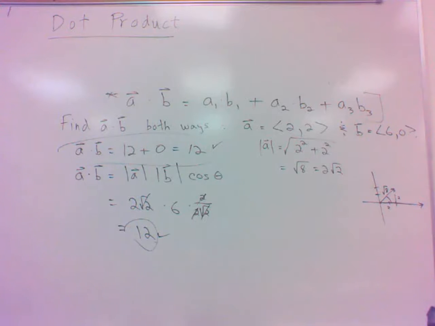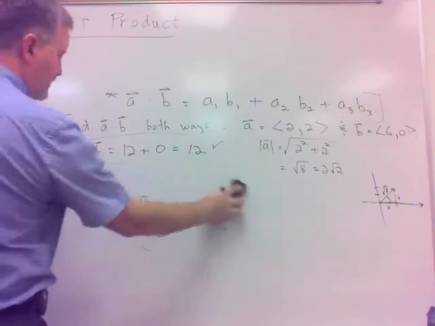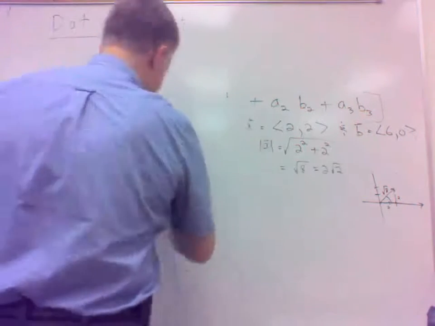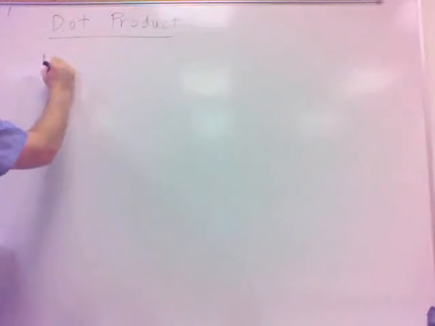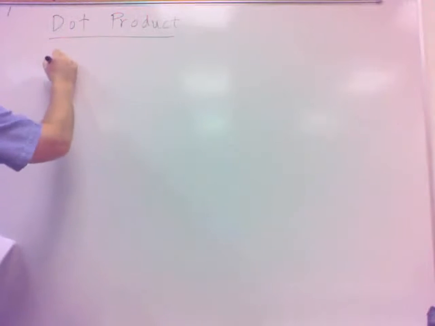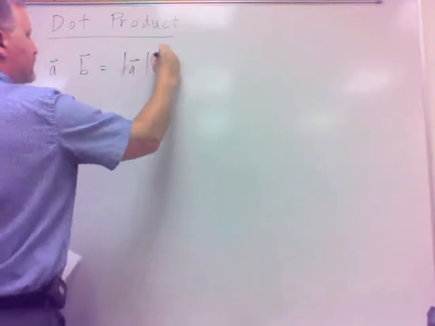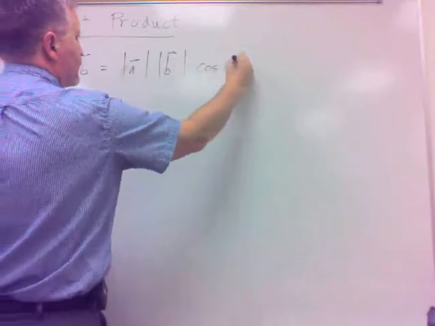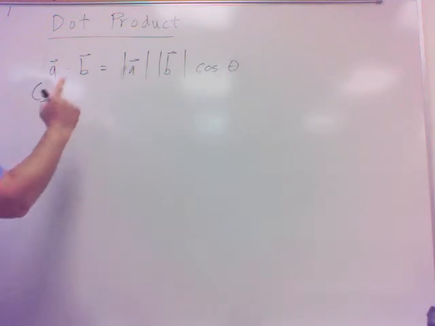Now, one nice corollary to this second dot product formula, and we did the two-dimensional case, but it also works in three-dimensional cases as well. We can use this to actually find an angle between two vectors.